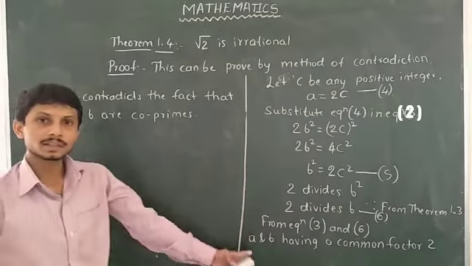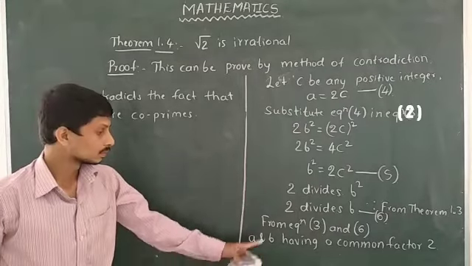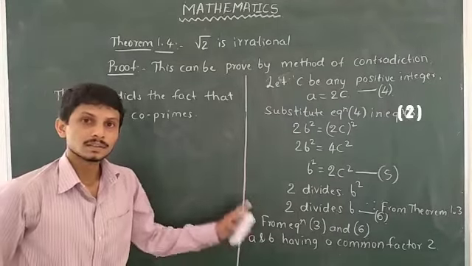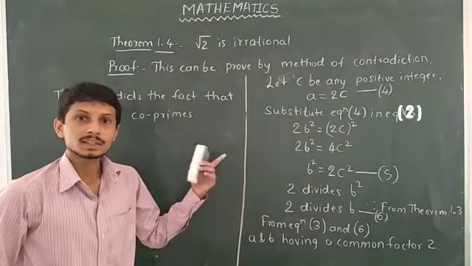So this contradicts the fact. So this means root 2 is an irrational number.